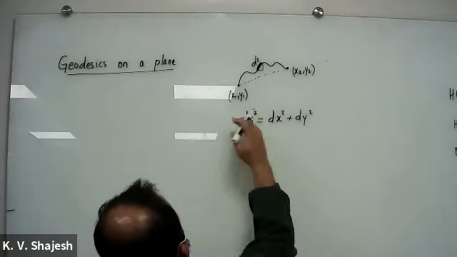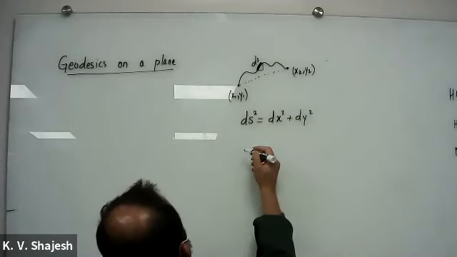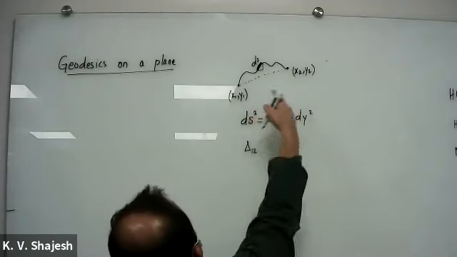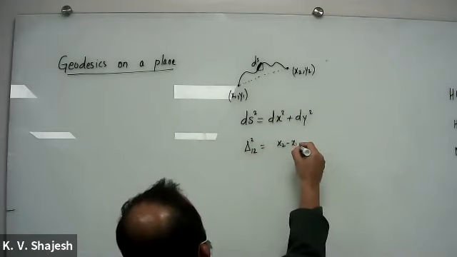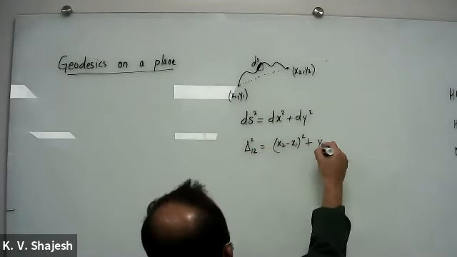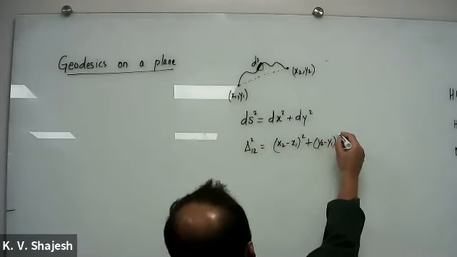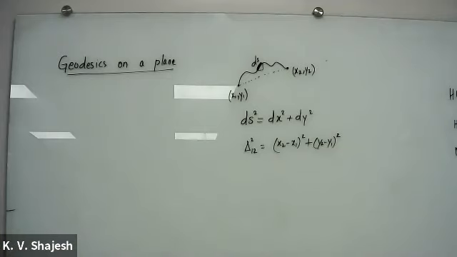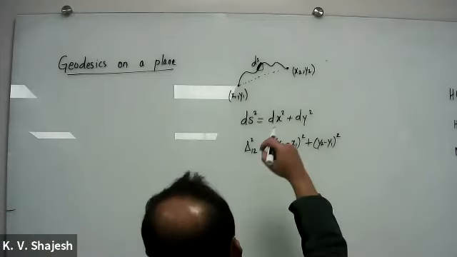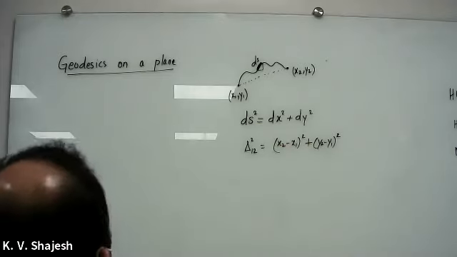We know that the distance between any 2 points, let's call it delta 1, 2, is equal to the square root of (x2 minus x1) square plus (y2 minus y1) square. Right? So if they are infinitely small, x2 minus x1 is really small, then you would say the line element on a path is given by ds square is equal to dx square plus dy square.